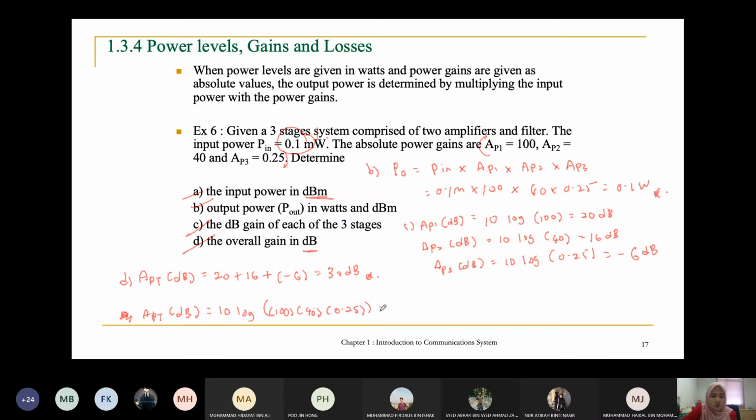You should get the same value, 30 decibel. So you can use either one, and you should get the same value. So any question for example 6?